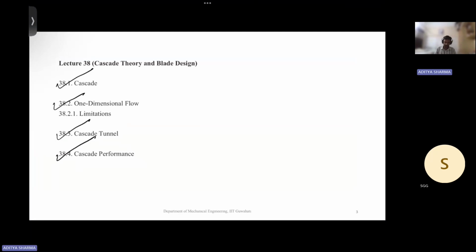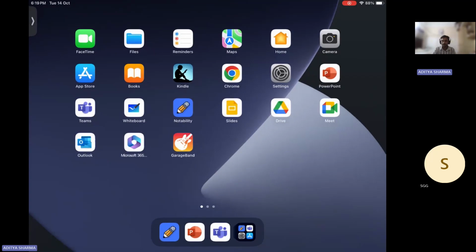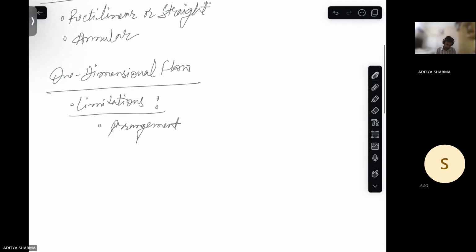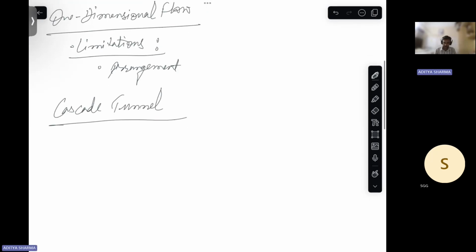Then third is your cascade tunnel. Right? I'll just draw a schematic here. So you have a blower and the components. Basically, this is a wind tunnel type of arrangement.